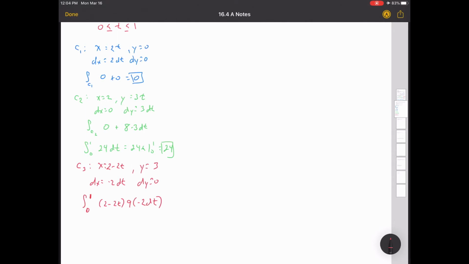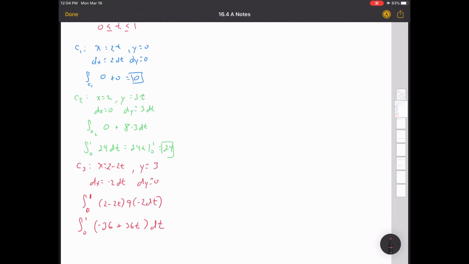There we go. That looks right. All right, so let's go ahead and work out this integral. So let's see, if we distribute a negative 18 throughout everything there, it's going to be negative 36 plus 36t dt.